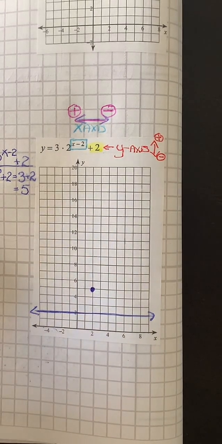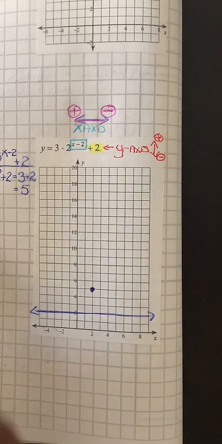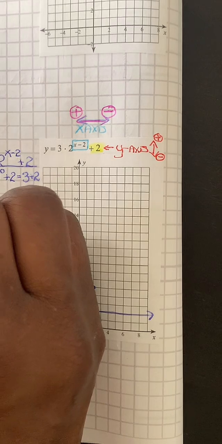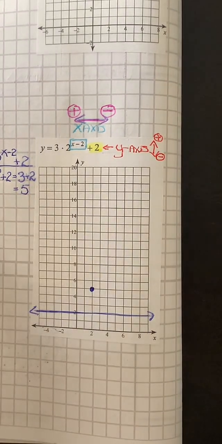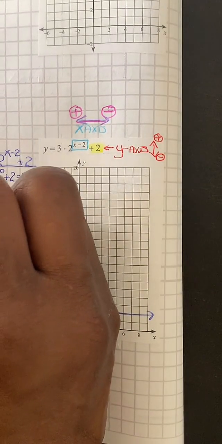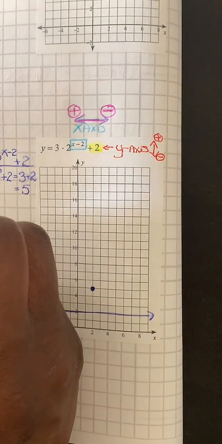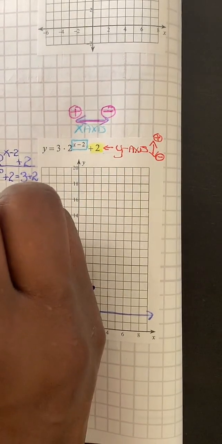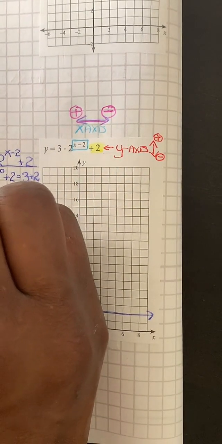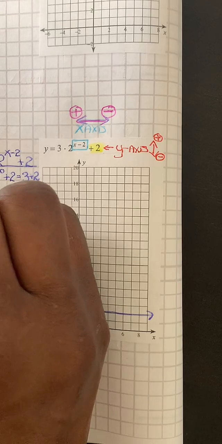If I plugged a 4 in, we can do that. We could just do evens. Well, we can do a 3. Let me do a 3.